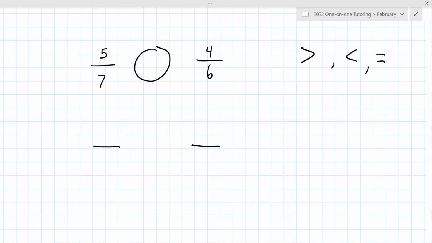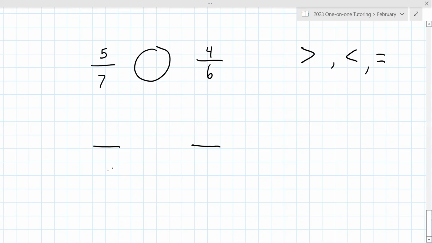Okay. You cannot do it where you just feel like, oh, I think that feels about right. So 5 times 6 is 30. 7 times 4 is 28. So I guess I would be right.